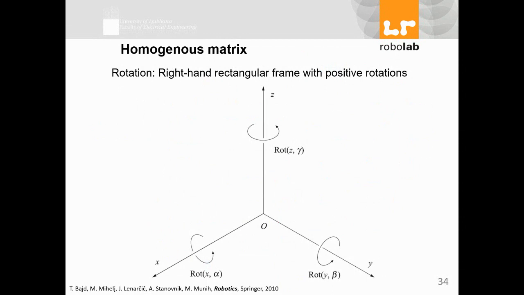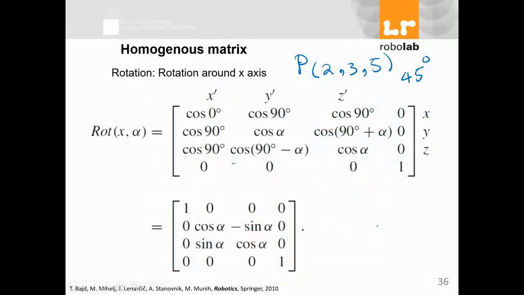In the x-axis, if you have your thumb in the direction of x, or in the z-axis, if you have your thumb in the direction of the z-axis, your fingers show the direction of rotation. This is the angle. So if I say 45 degrees positive, or if I don't say anything, it means it's with the right-hand rule. So what would be the point after this rotation?